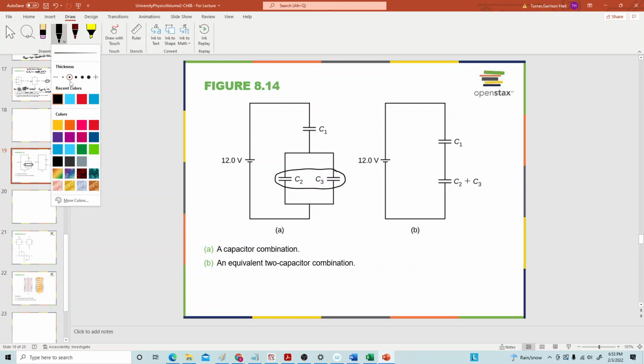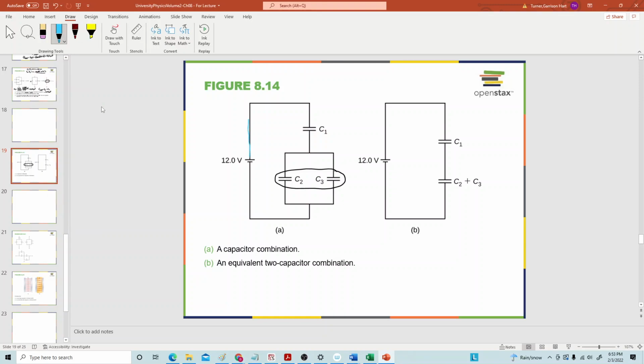And once again, the way to tell is that if you have a battery and you have current moving through the battery. Now, we haven't gotten to current yet, so don't worry if that doesn't make a ton of sense yet. It will. But just know for the moment that the parallel branches are where we have these junctions.